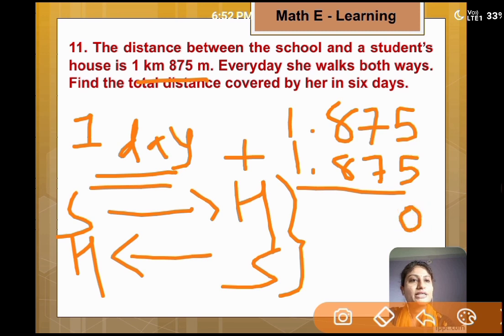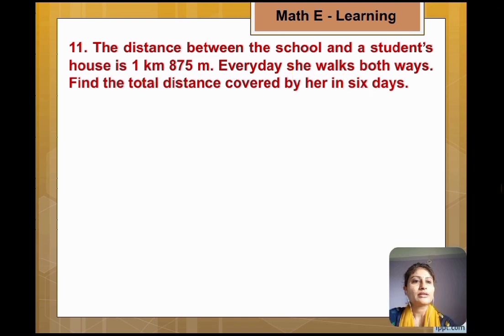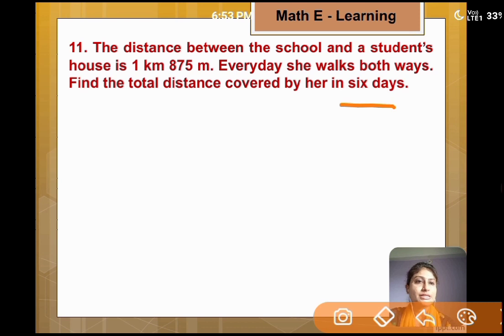Now by doing addition, we get 3 kilometer 750 meter. Now it is for 1 day only and here we want to find for 6 days. So what to do? Yes, whatever distance you get covered in 1 day, you have to multiply it with 6.